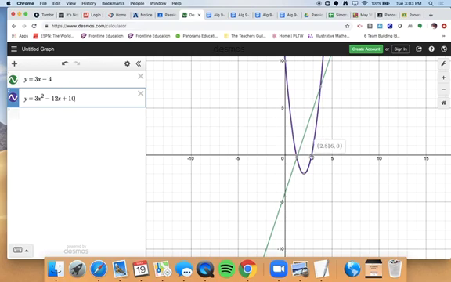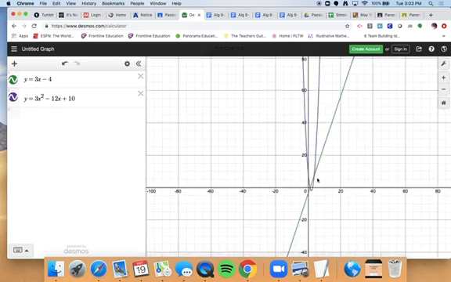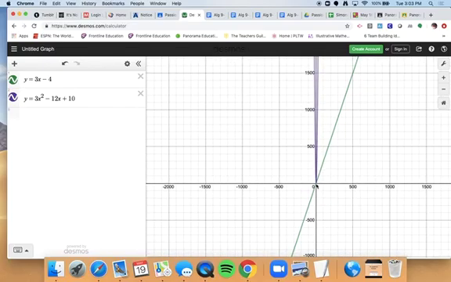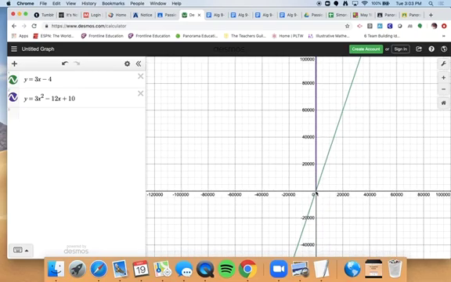All right, your zeros are right here, which are kind of ugly numbers. And then you've got your solutions right where they meet. So this is a case where you have just two solutions. And no matter what you do, you can zoom out and you can see that that quadratic just continues to go up and up and up and up and up, right?